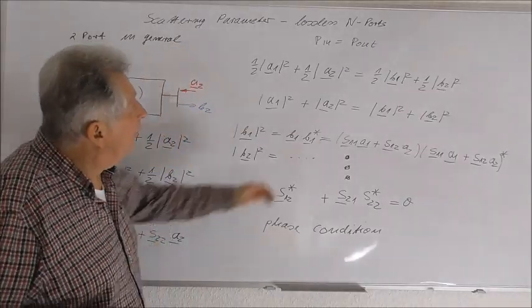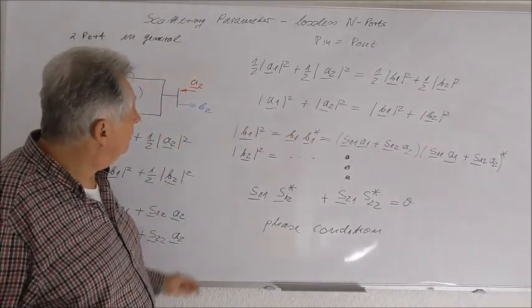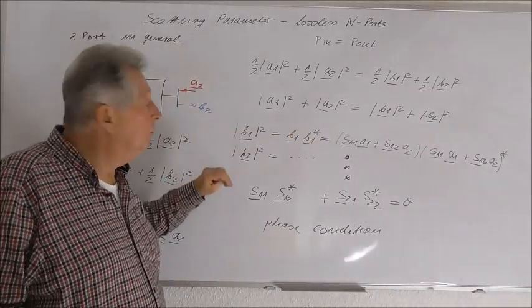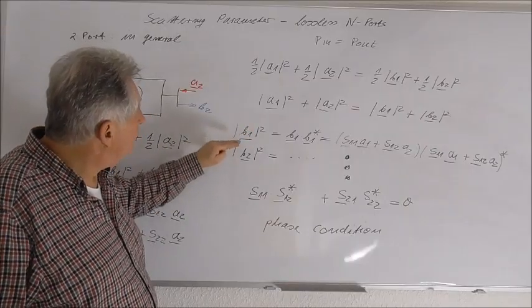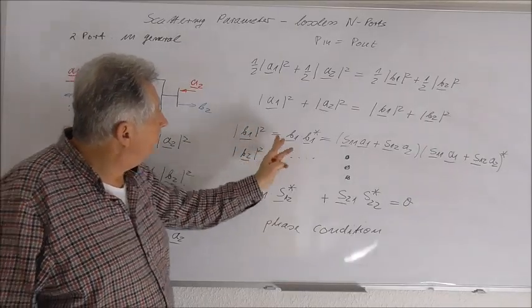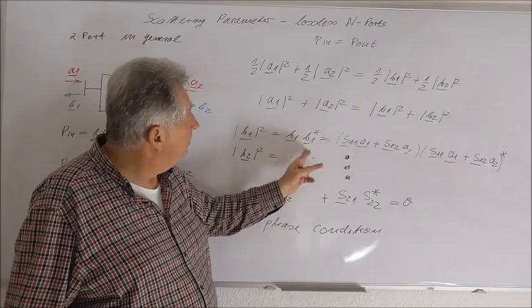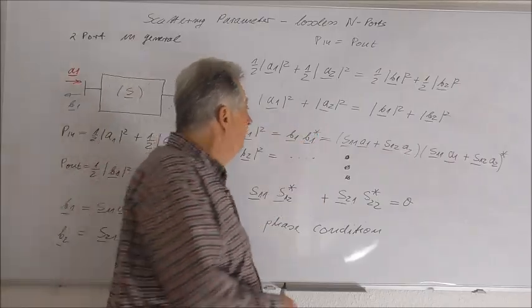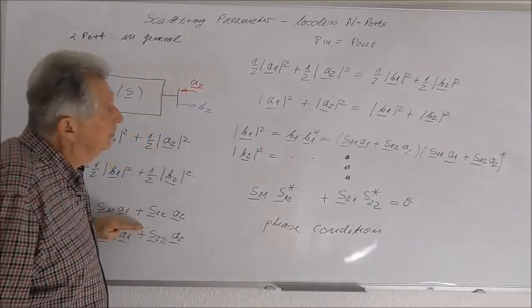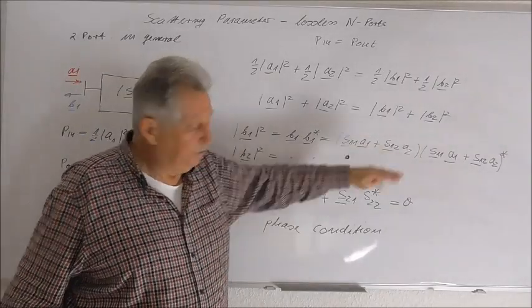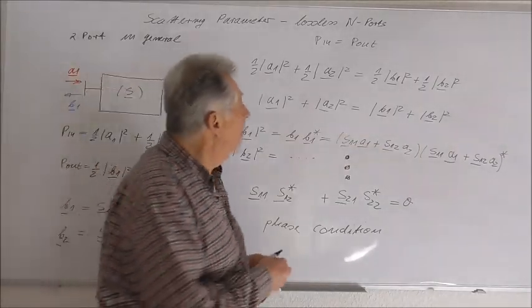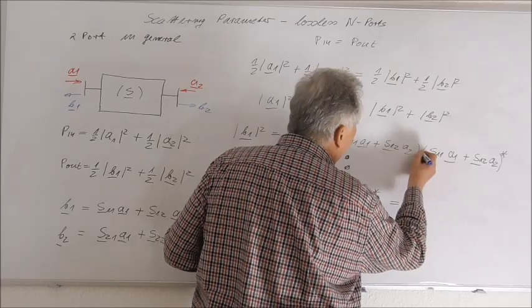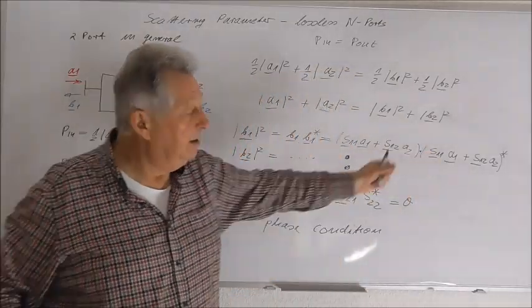So this is not very complicated at first glance, but if I now want to calculate the absolute value squared of B1, I have to take B1 times B1 conjugate complex. Now we must insert this equation here in one term, and multiply it with the conjugate complex element.